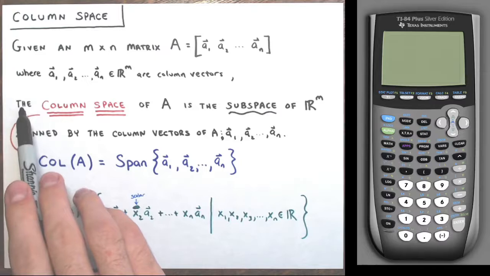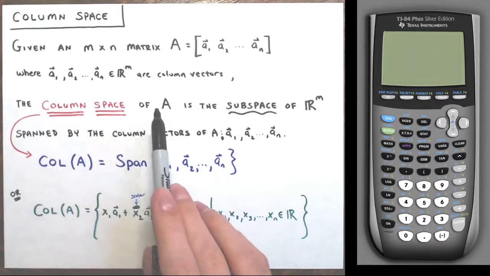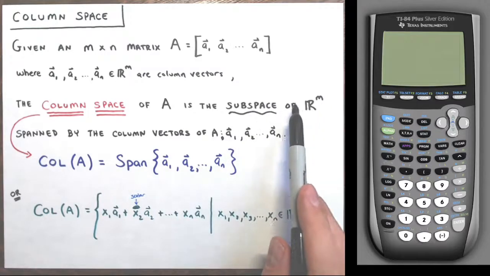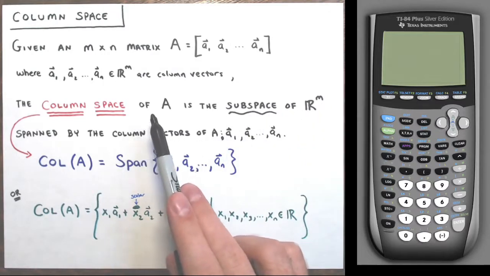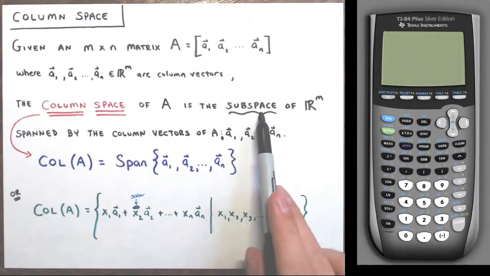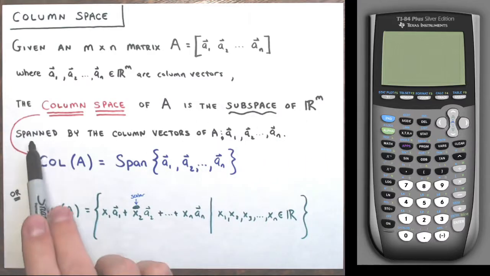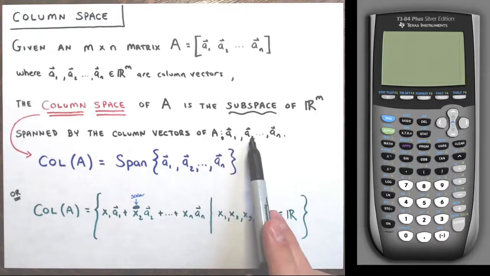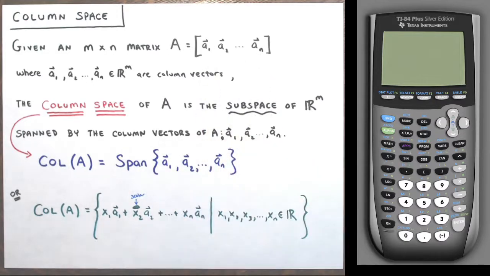So the column space of matrix A is a subspace of Rm. So it's also a vector space, it satisfies all 10 vector space axioms, but is a subset of Rm. It's a subspace of Rm spanned by the column vectors of A, and those would be the A1, A2, An that I wrote up here.